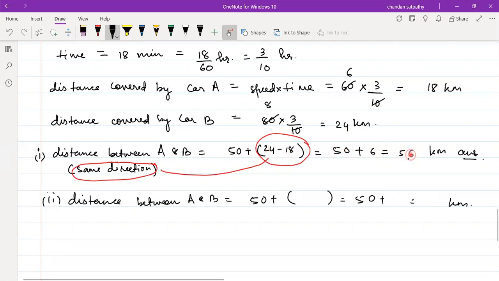So it will be 56 kilometers. And here it will be 24 plus 18, so it will be 42 kilometers. So it will be 92 kilometers. So this is our answer.